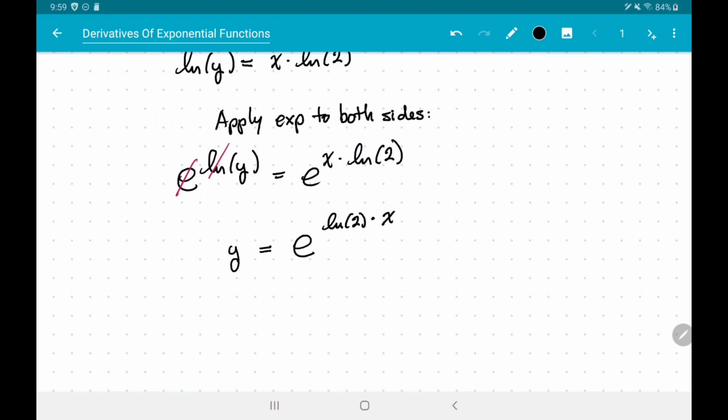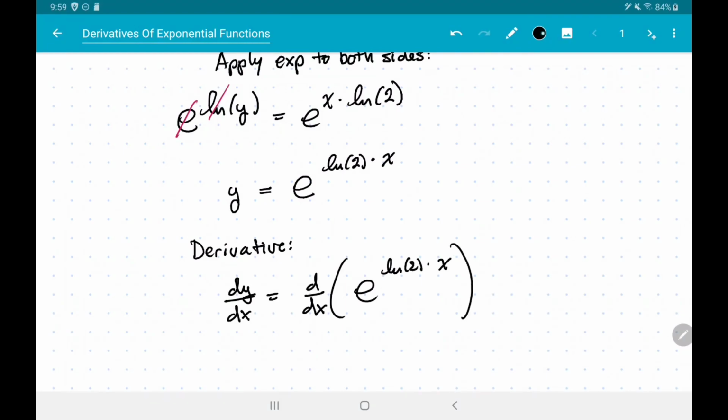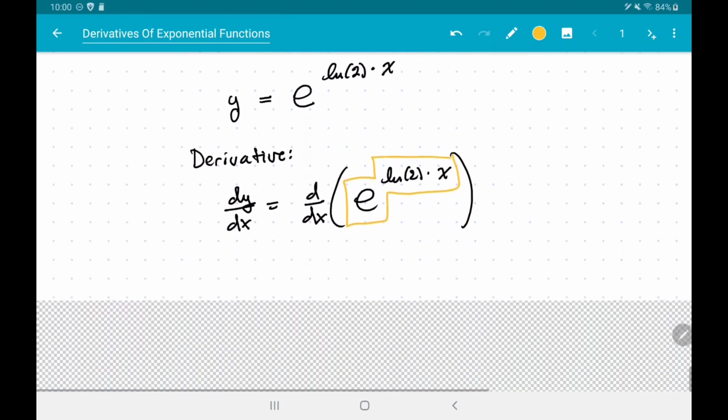Okay, what next? Now I'm going to do the derivative. So dy over dx is the derivative with respect to x of e to the ln of 2 times x. The thing that we are taking the derivative of is e to a power.